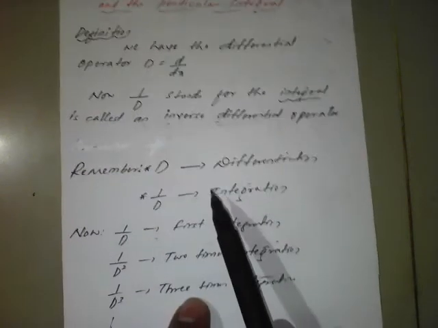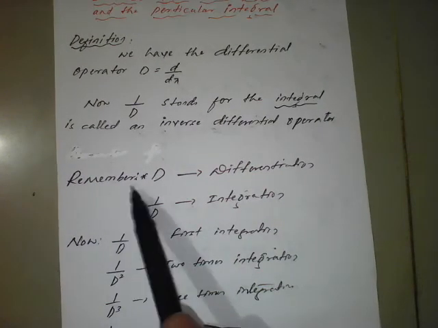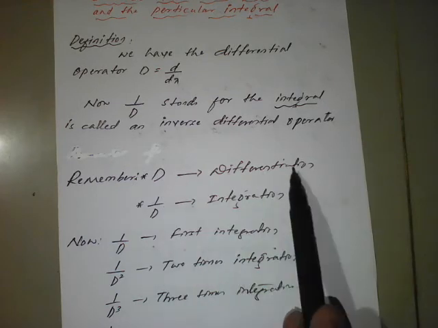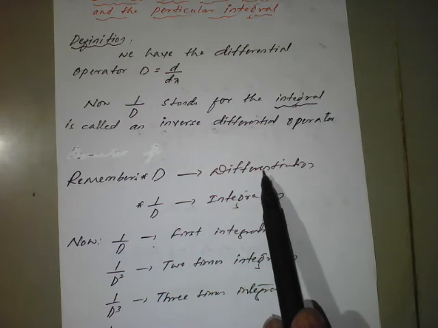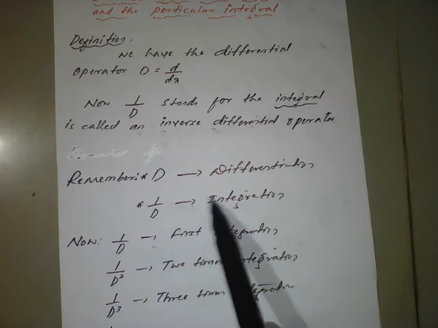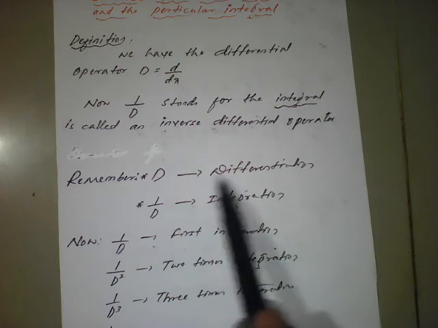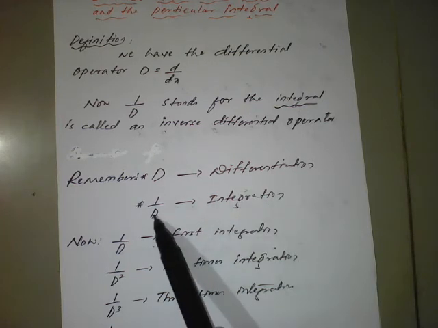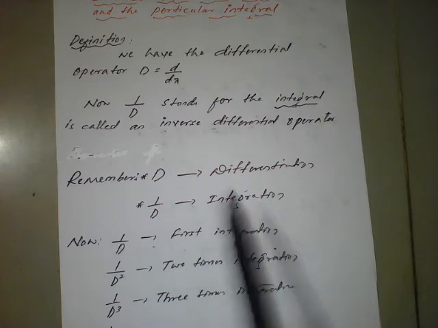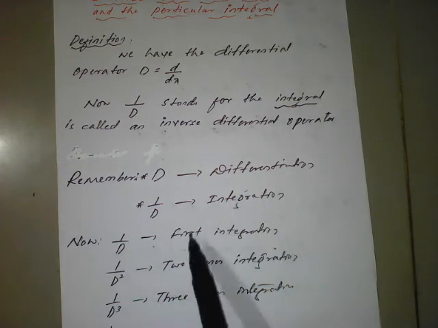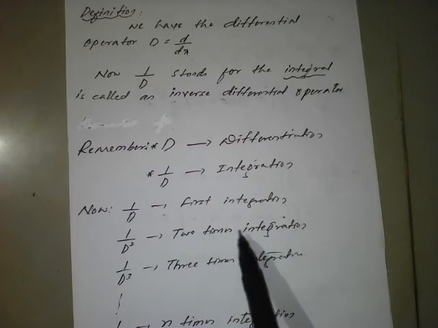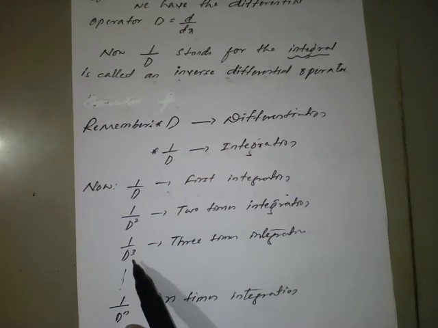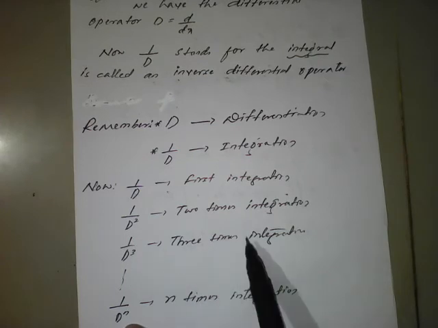Now remember, I'm recalling the concept here. D stands for differentiation, which we have already completed with many examples. Now 1 upon D stands for integration. Remember, D stands for differentiation, 1 upon D stands for integration. 1 upon D stands for first integration. 1 upon D square means we have to integrate 2 times. 1 upon D cube means we have to integrate 3 times.